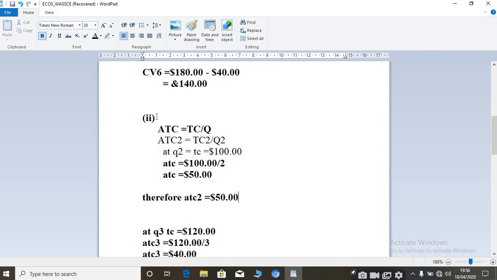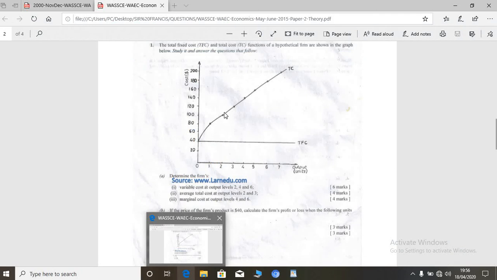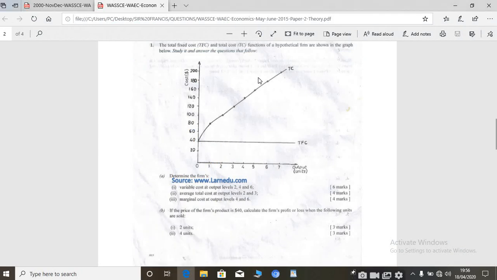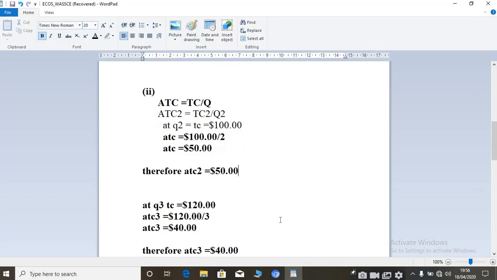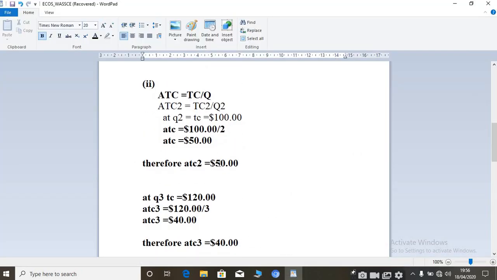Okay, and we got to know that the formula for average total cost is equal to total cost divided by quantity. Okay, and if you go to the graph, you'll be able to get the total cost of producing the product. This is the total cost curve, and this is the quantity for producing the product.